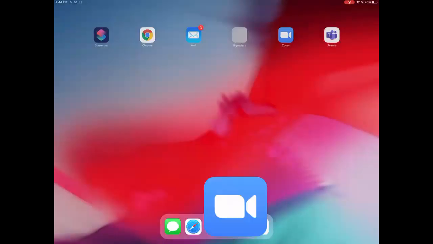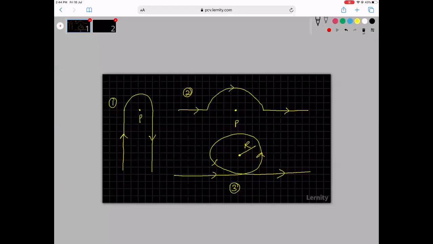Yeah, here. So for this one, if I have to find out, there is a wire here. So mu naught I by 4 pi r. There is another wire here, same direction. So 2 mu naught I by 4 pi r. Then there is a half circle. For a full circle, it is mu naught I by 2r. So for half circle, it will become mu naught I by 4r.